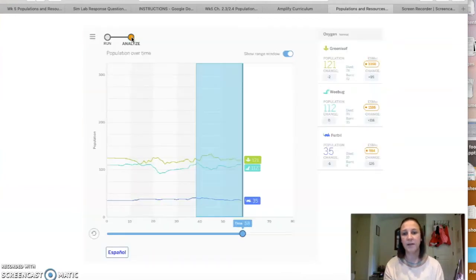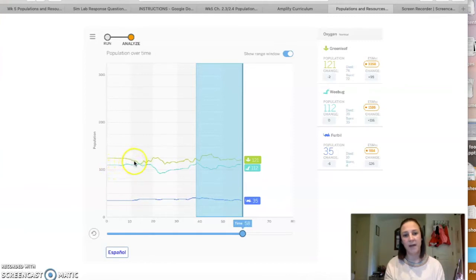Okay. The other thing I want to show you is the Analyze button. So when we analyze it, it brings us to this line graph showing, on this axis, the population. So however far it goes up and down is the number of organisms of that population. So if we follow one along, these are the green leaves. Their population takes a little dip, and then it goes up and down, and then another dip. And then we can see the wee bugs kind of follows that.